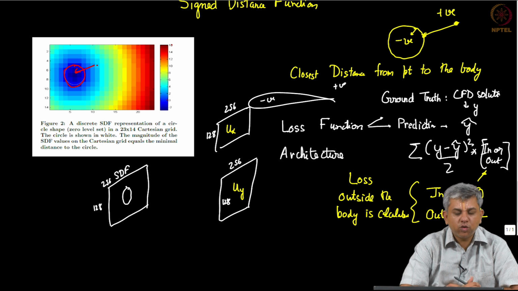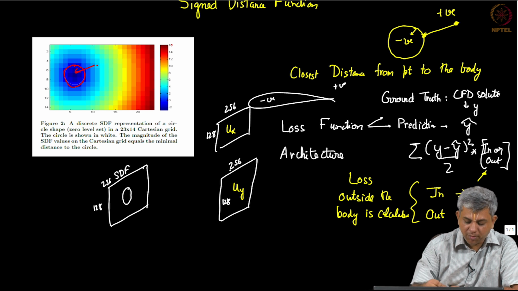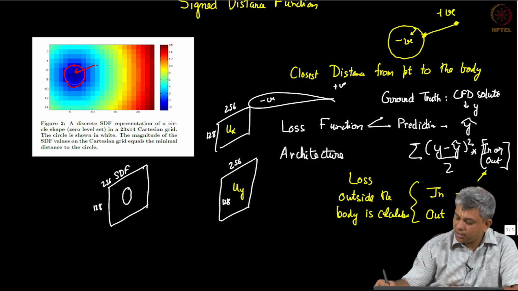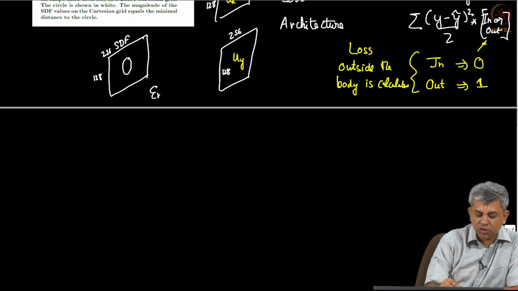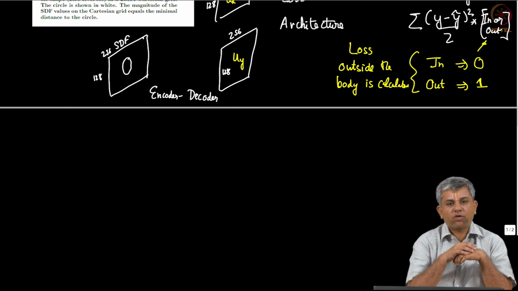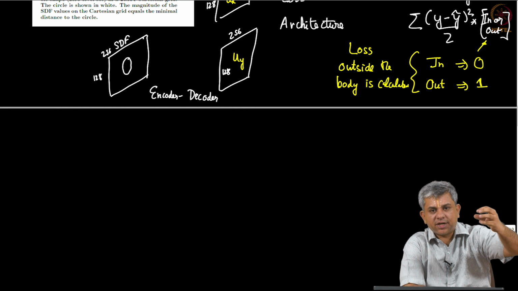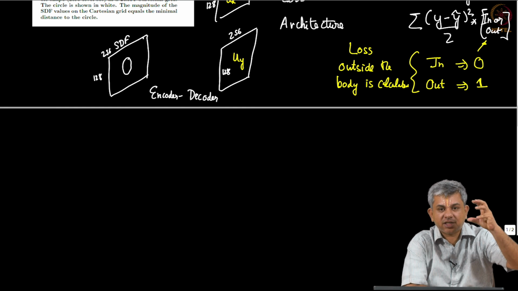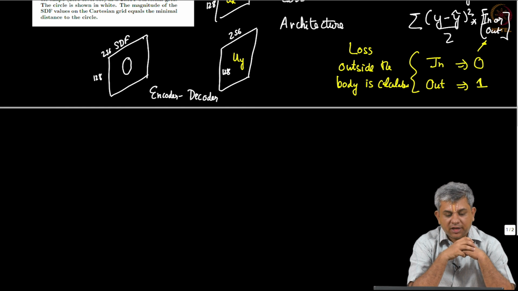So, what we will do is, first thing, remember that I want to go from an image to an image. So, typically this is very similar to what you did in segmentation tasks. We will use what is known as an encoder-decoder structure. You would have seen this several times during the CNN lectures. An encoder-decoder structure does the following: it takes an image, squeezes it into some essential information and then expands that essential information.